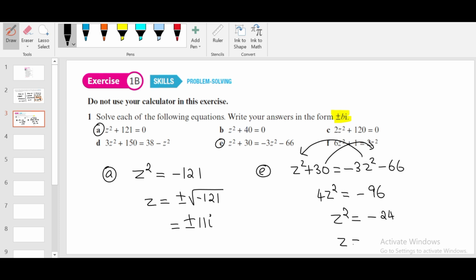So z will be plus or minus the square root of -24. Use your calculator and find the value of the square root of 24, which is 2√6. So you can write it as plus or minus 2i√6. That's the solution for this quadratic equation.